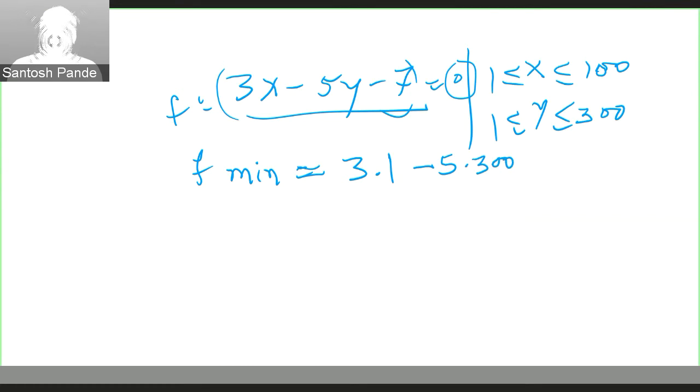That's what we did, and the constant is a constant anyway. If we do this, you can easily see that this will become some big negative value, 1504 probably. So this will be the f min value.